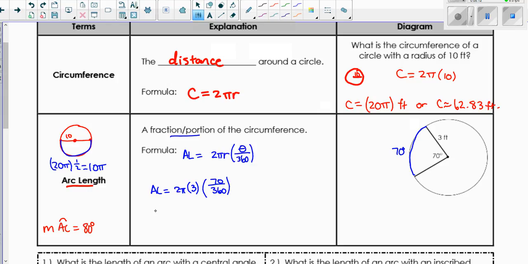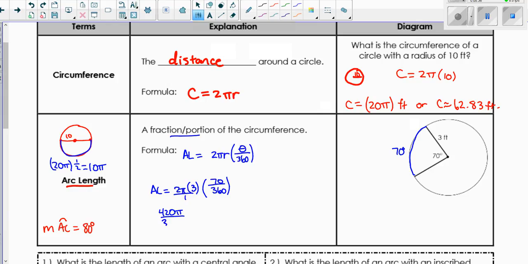There's two ways that you're going to write your answer. One is an exact and one is an approximate with 2 decimal places. Whenever you do an exact, this all is a fraction over 1. Multiply your numerators. So you do 2 times 3 times 70, which is 420. And notice I skipped over the pi because giving an exact answer is pi in the answer.